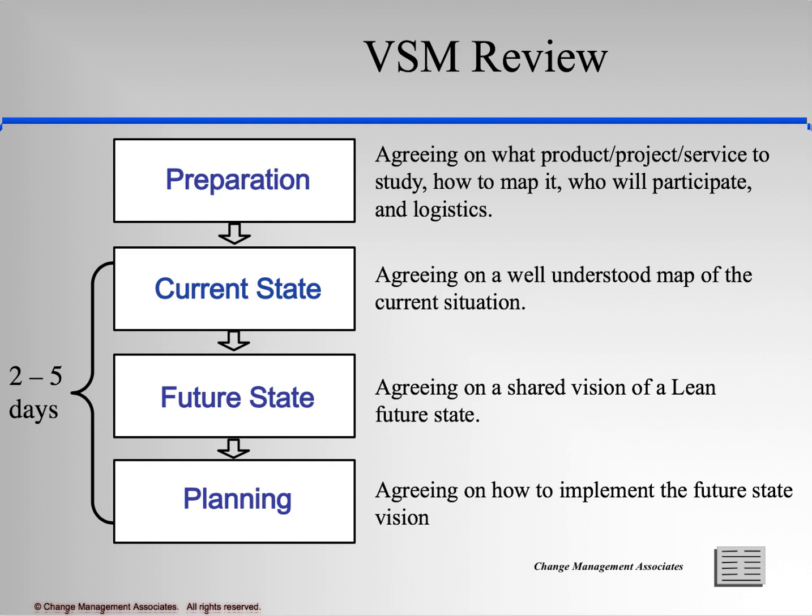Similarly, the future state map, once that's created by a team, that too should be shared with others in the organization so that they can get other ideas, can start to garner support, and so forth. So it is preferred to conduct the exercise over a series of non-consecutive days over several weeks.